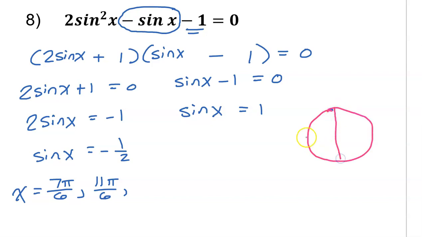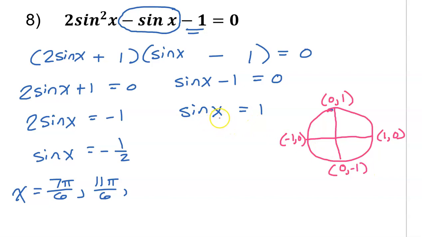So there will be no reference angles. Keep in mind that at the quadrants, the coordinates are (1, 0), (0, 1), (negative 1, 0), and (0, negative 1).